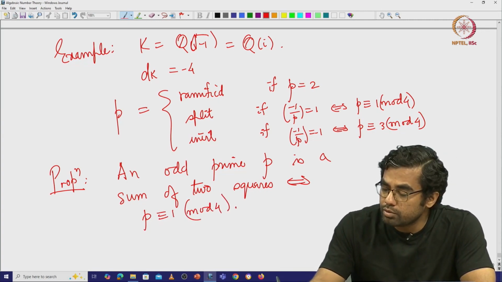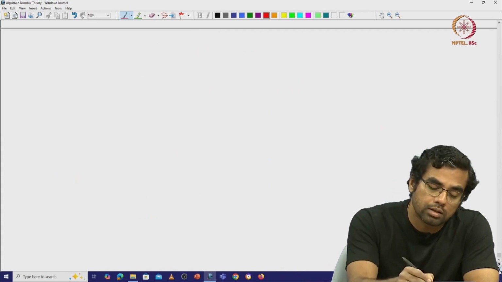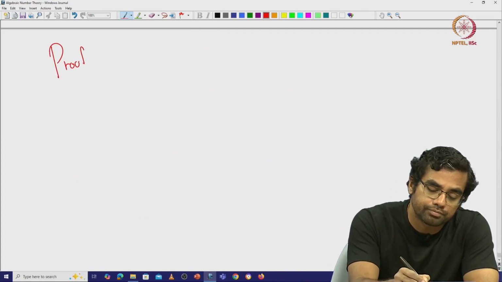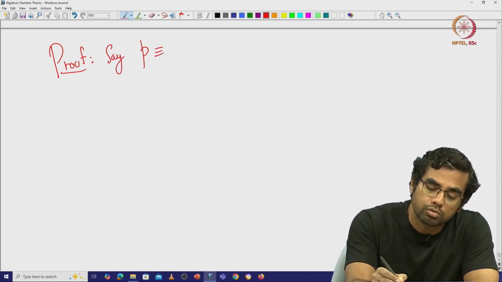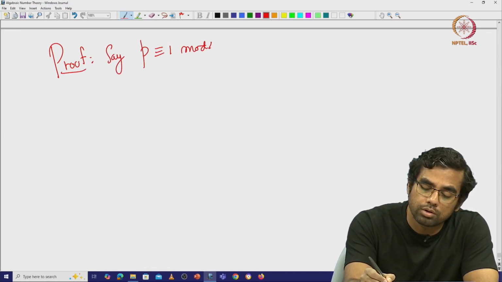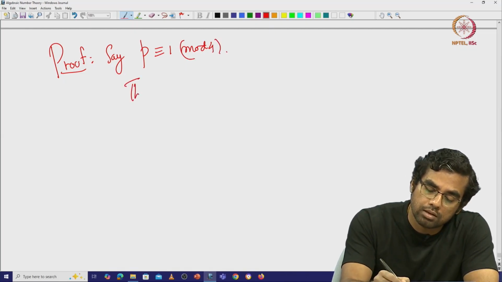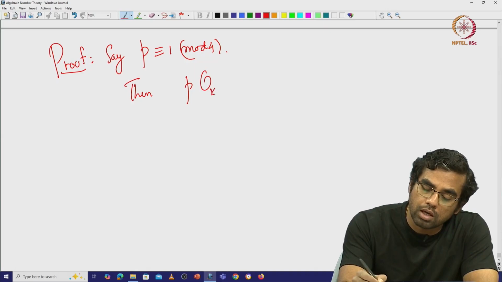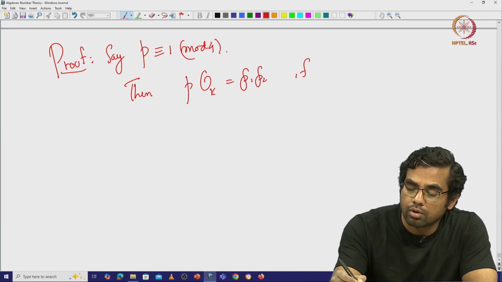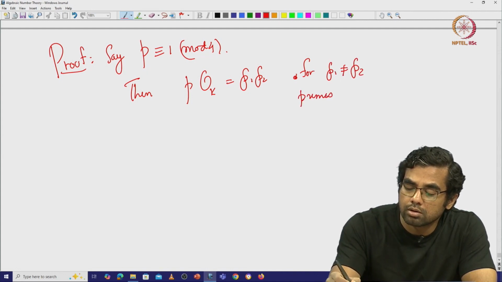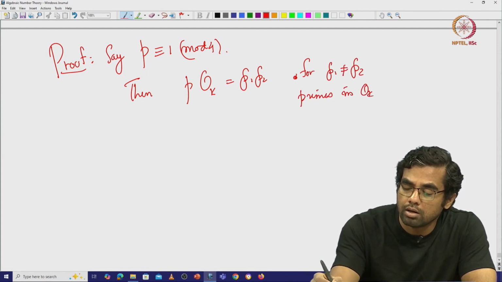Okay, and how do we do that? Well, let us say that P is congruent to 1 mod 4, then P times O_K is P1 P2 for P1 not equal to P2 primes in O_K.